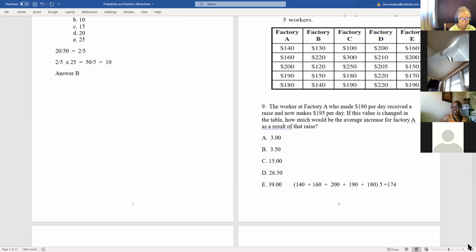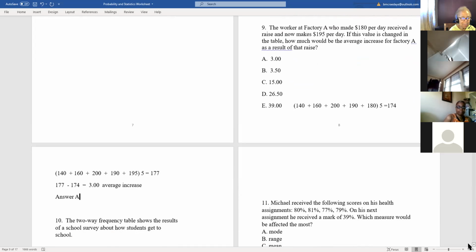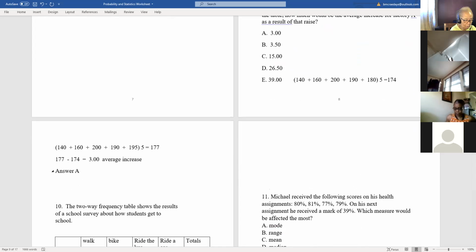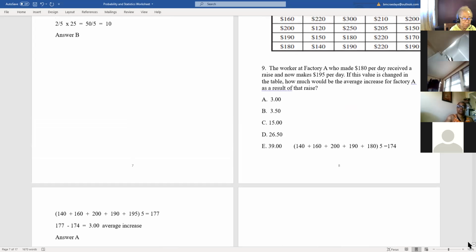So the worker in factory C, and we're increasing his 190 to 200.